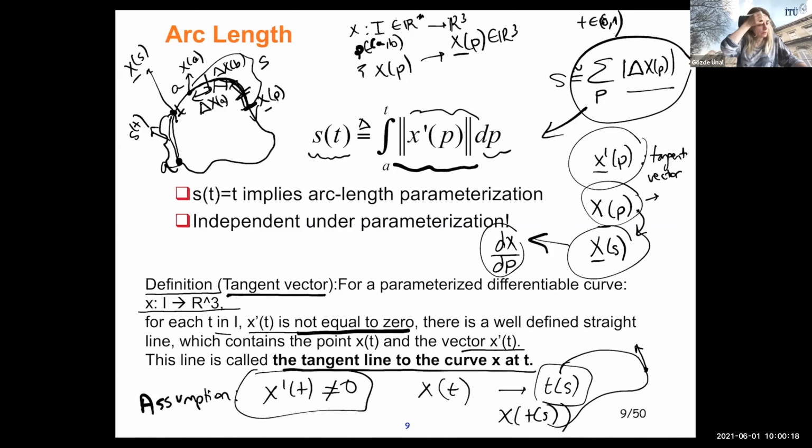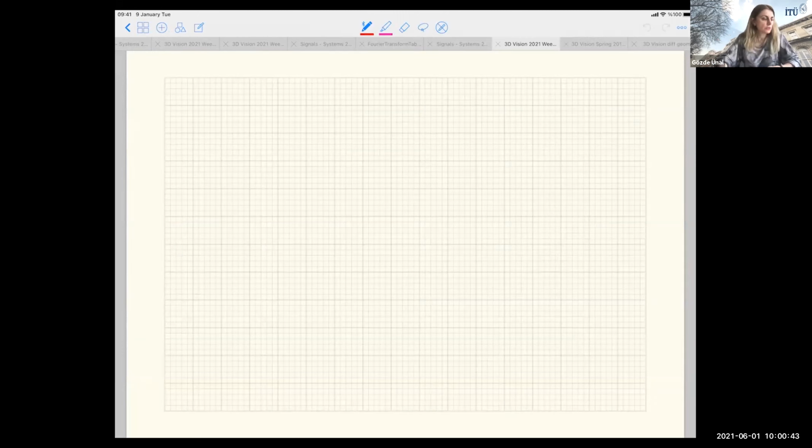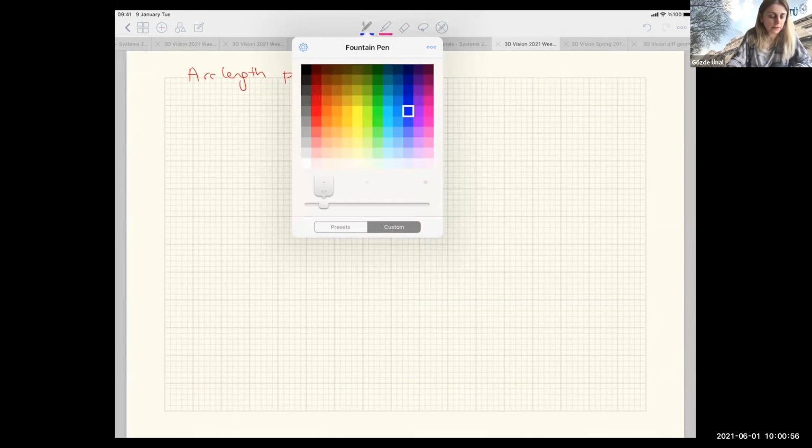I have an example here. It's a reparameterization of a helix. Actually, next week we will write much more, but I want to write one page about arc length parameterization. Just a side example on this.